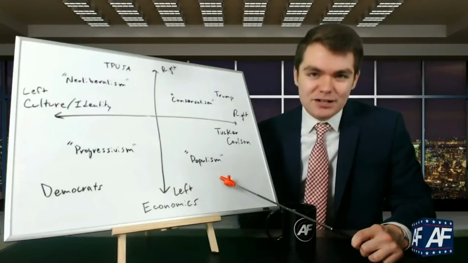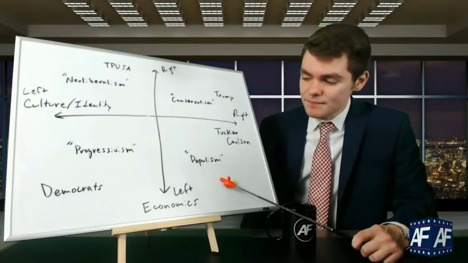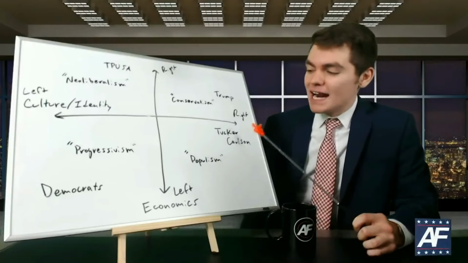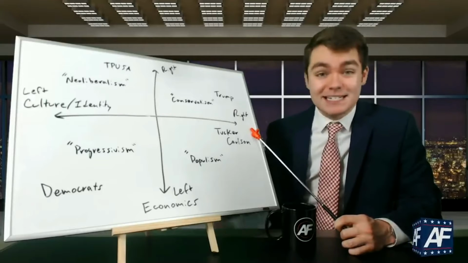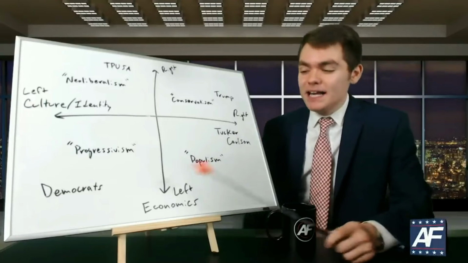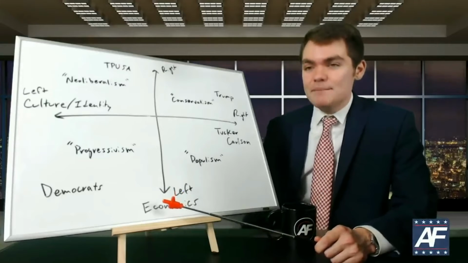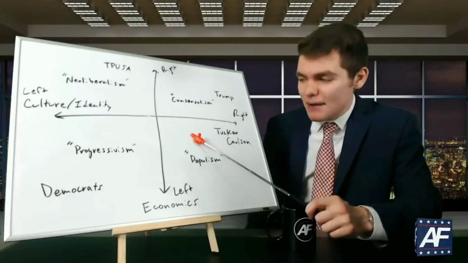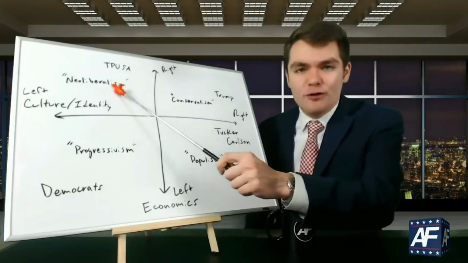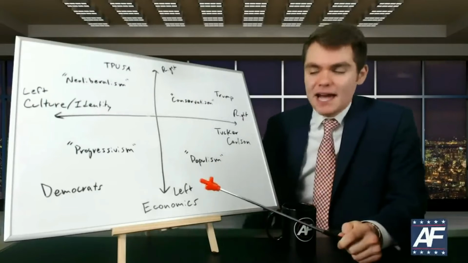This is the quadrant that, in my opinion, will define the next century, which is populism. You've got an ideology that is right-wing on culture and identity. You could say it's nationalistic, but it is, in some sense, left-wing on economics. Maybe it's not outright socialist, maybe it's not outright communist or big government, but certainly it is trending leftward on economics compared to full-on neoliberalism or traditional Republican free market Reaganite bullshit.